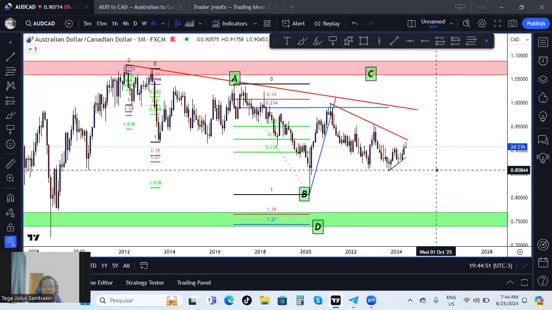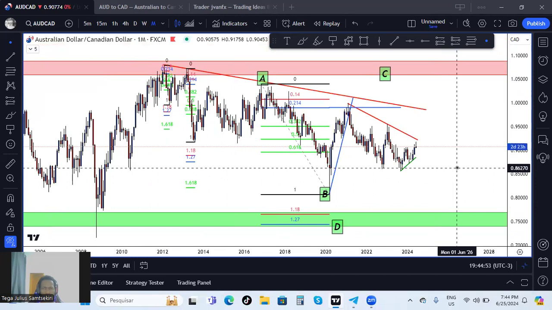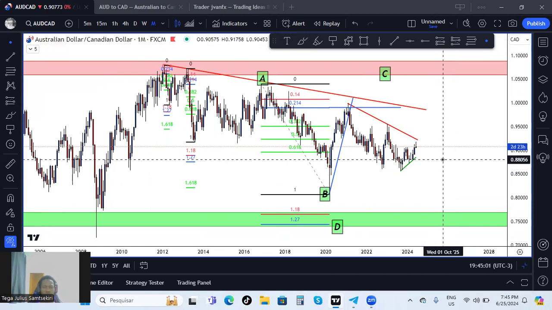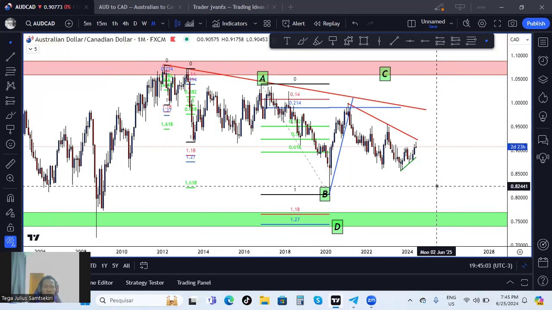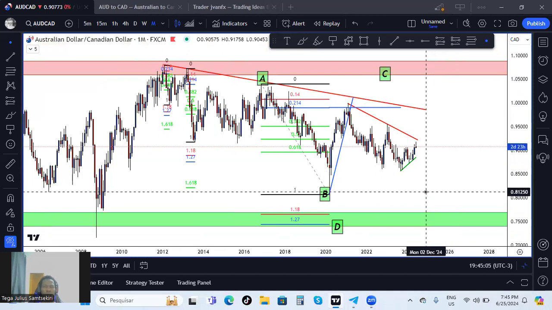And this is how you do it on the weekly. This is how you do it on the daily. This is how you do it on the 4-hour chart and the 1-hour chart, okay? The Fibonacci is a 50-50 winning rate when it comes to the 30-minute and the 15-minute chart. It's a 50-50 winning rate.